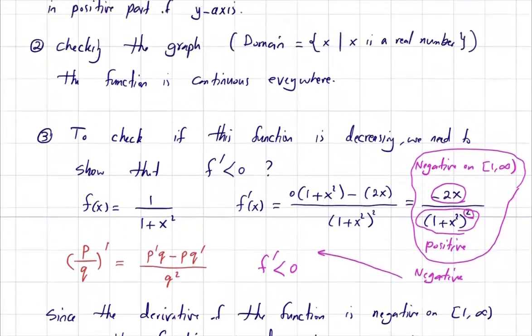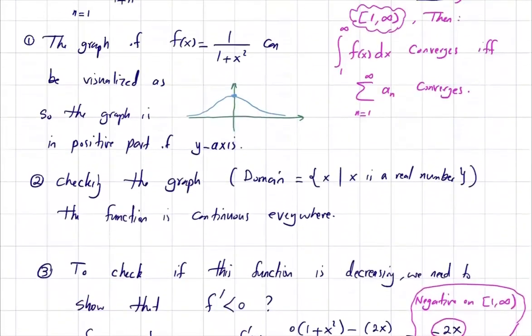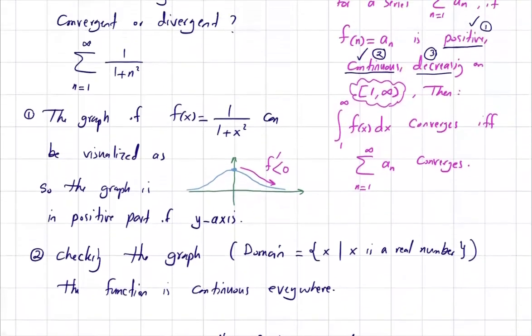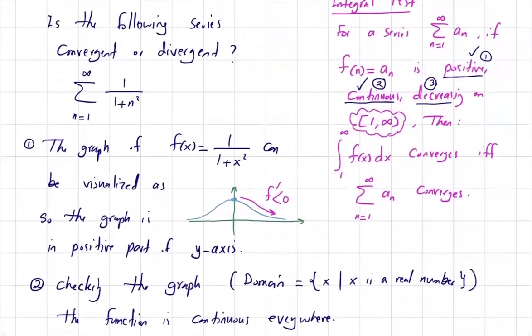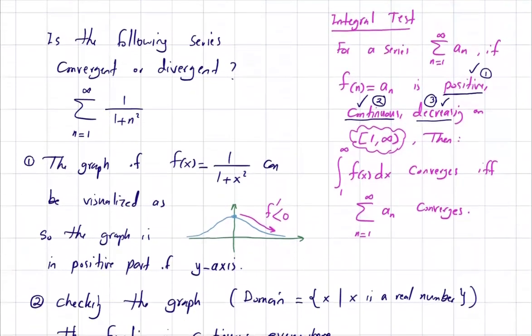You can basically check the graph as well. As you can see, your graph starts decreasing. f prime is negative here. All of these conditions are met. We have a positive, continuous, decreasing function, so we can apply the integral test.